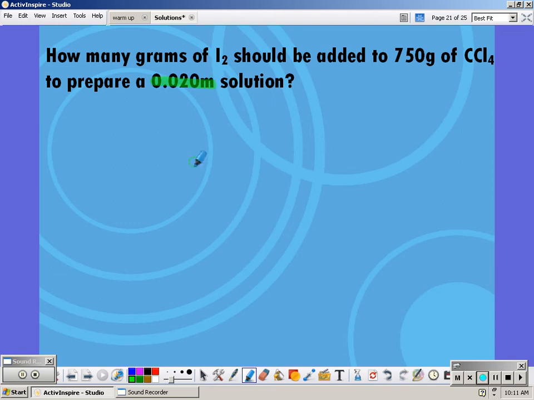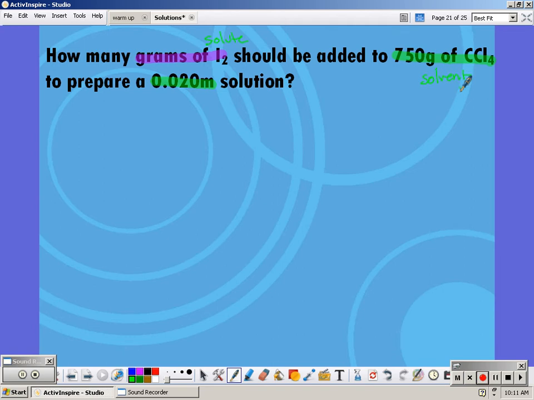We have 750 grams of carbon tetrachloride, and we're looking for grams of iodine. Iodine is added, so iodine is my solute, which means the carbon tetrachloride is my solvent. 750 grams is an awfully large number, and that large number is also telling me that that is my solvent.